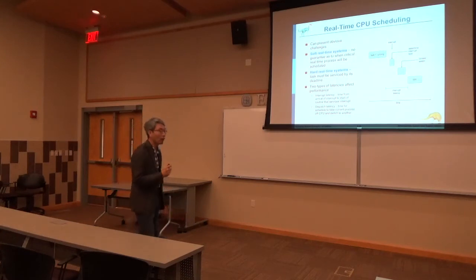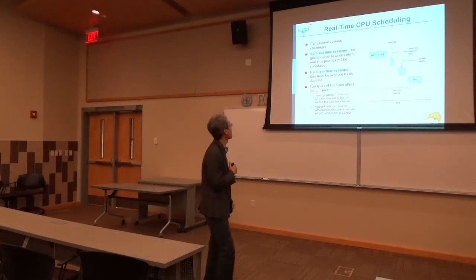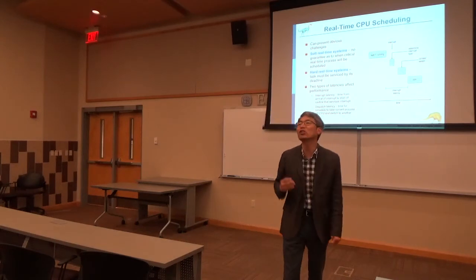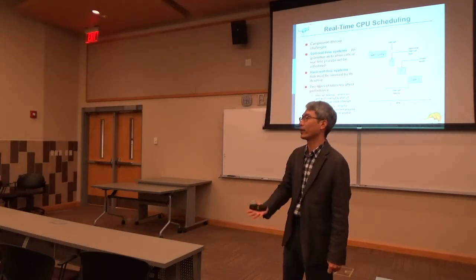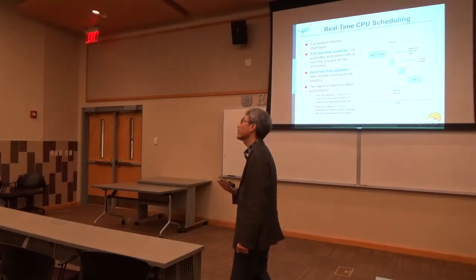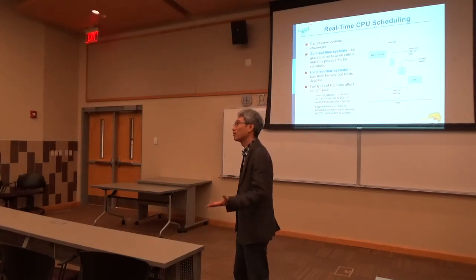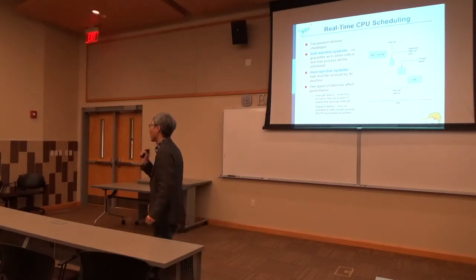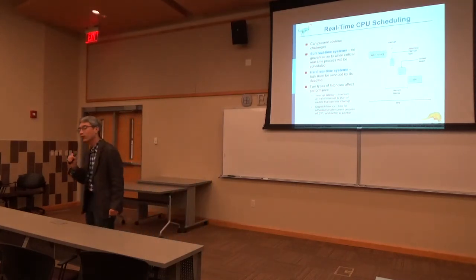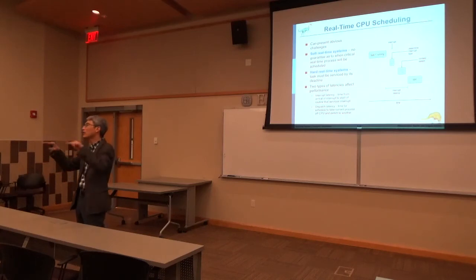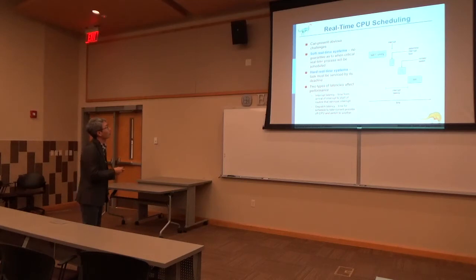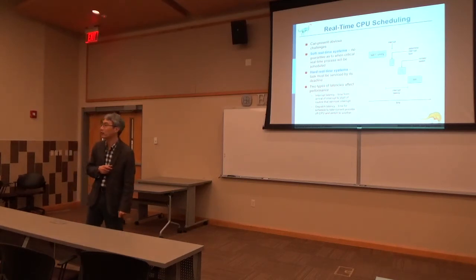From that point of view, there are two types of systems. Soft real-time means we try, but we cannot guarantee. Many real-time systems are soft real-time. Who knows? Even though we are executing the same program under the same environment, it takes different times. So we pursue such real time, but it is not always guaranteed.